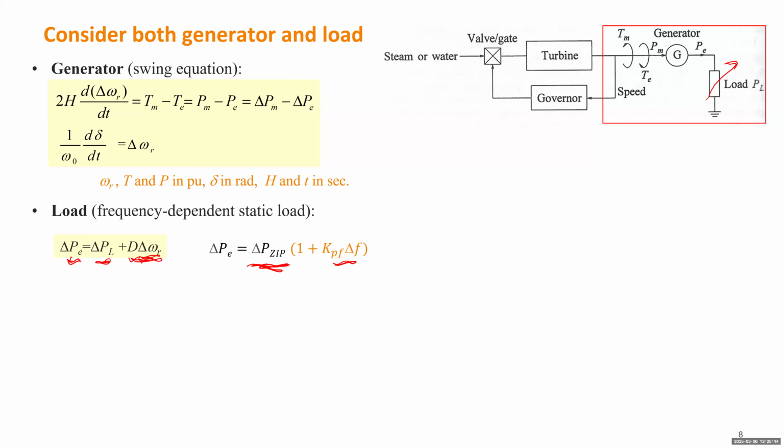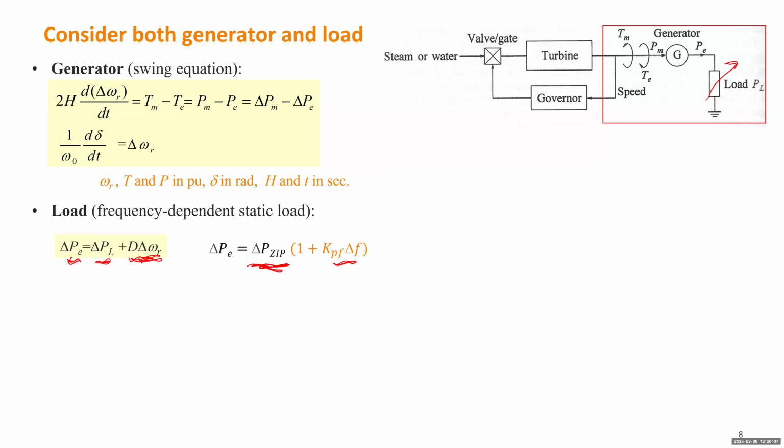And the difference will be linearly changed with the frequency deviation. The factor will be KPF. Usually KPF will take a value maybe 1 to 2, right? You can find that in the table from a previous session. So this is the load model.